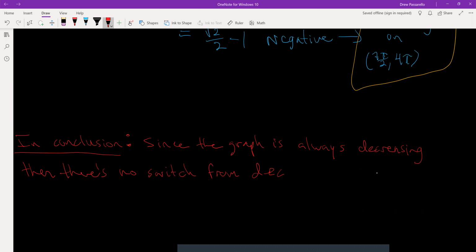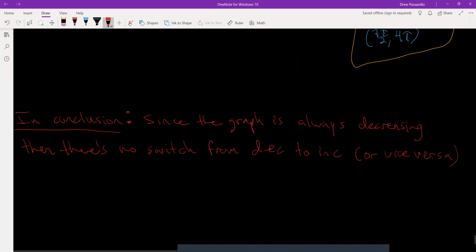So decreasing, I'll do DEC, to increasing, INC, or vice versa. And that means none of the critical numbers are relative mins or relative max.